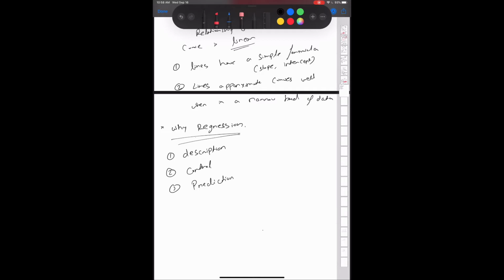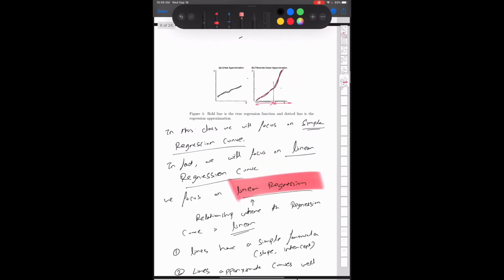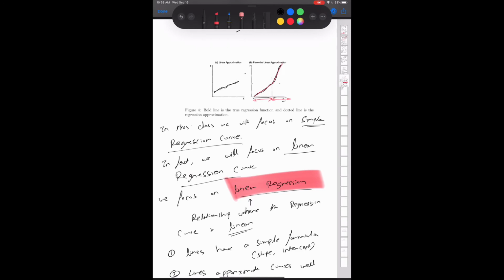So let's talk about an example here. I think I missed one thing here, is that until now, we have been studying the relationship between one x and a y, right?